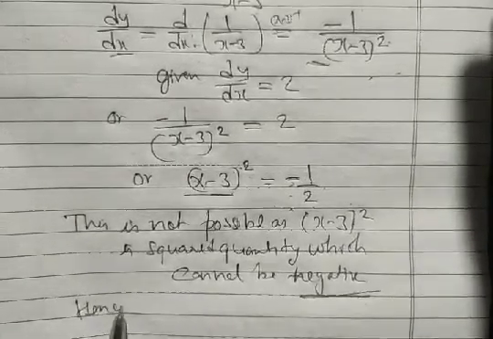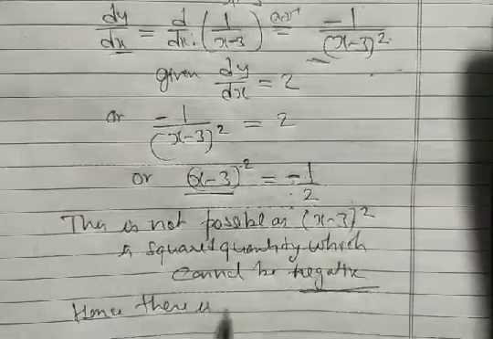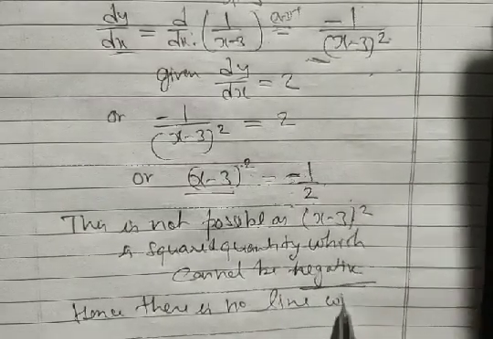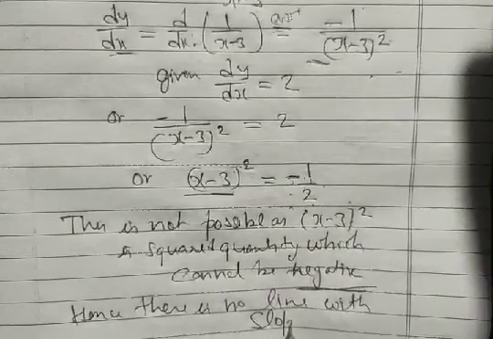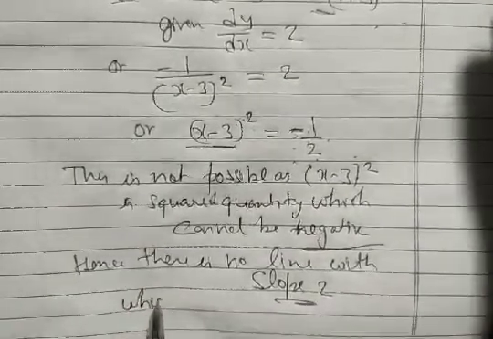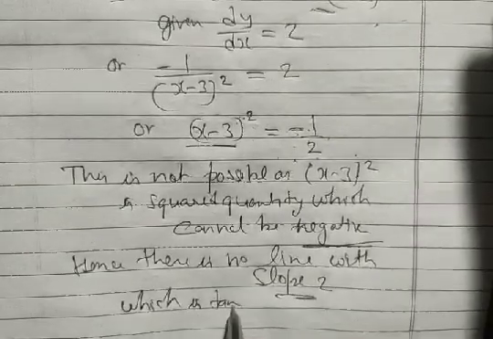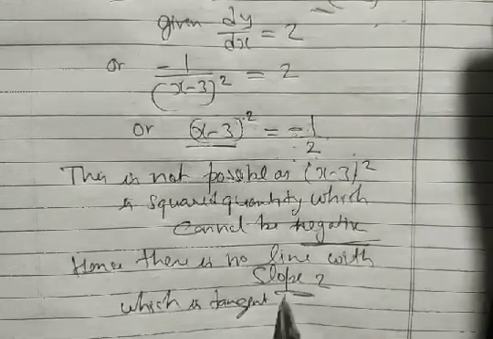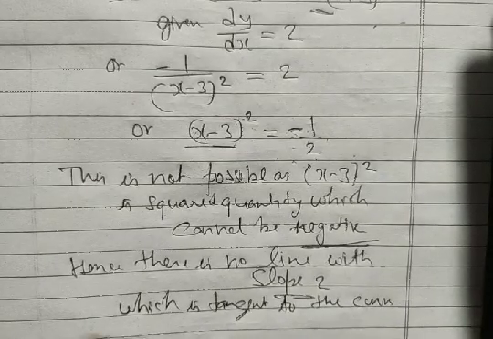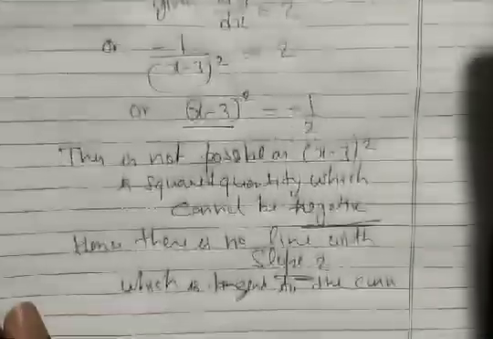Hence there is no line with slope 2 which is tangent to the curve. What is our curve? y equal to 1 upon (x minus 3).